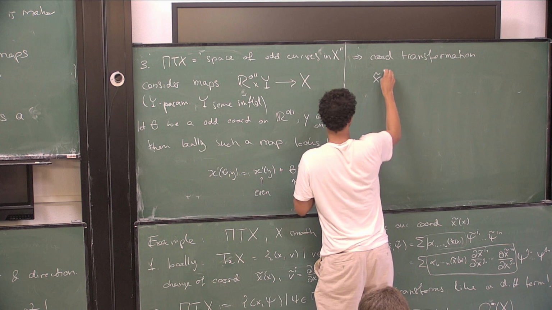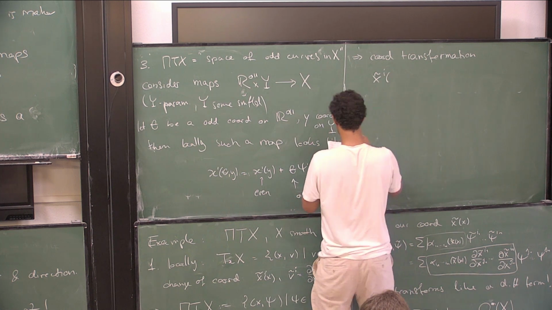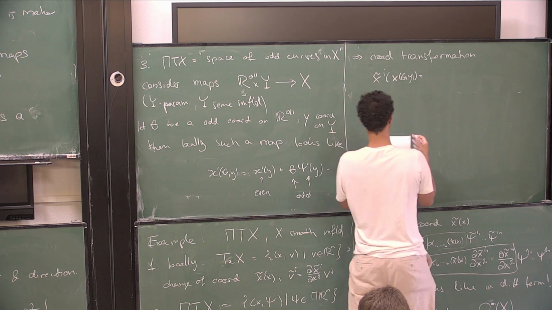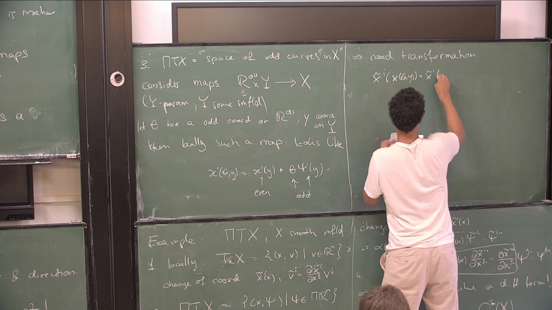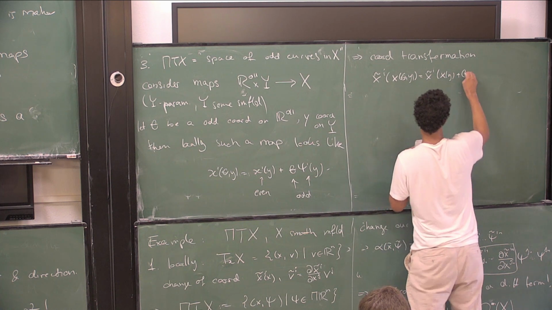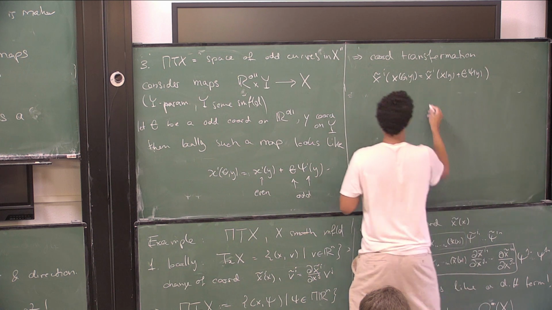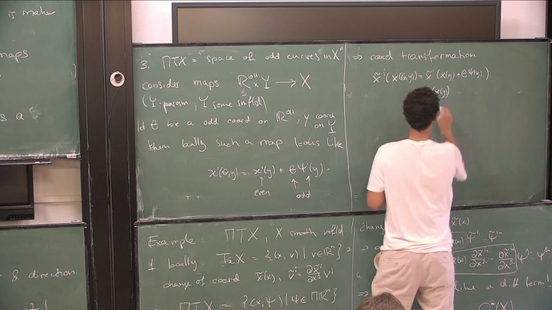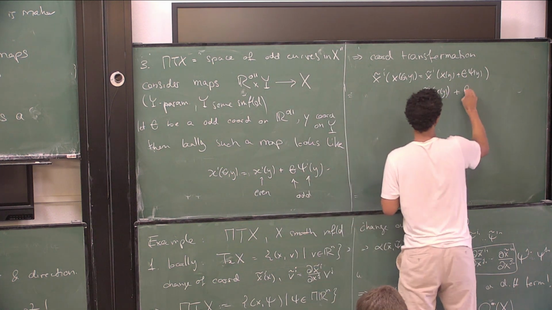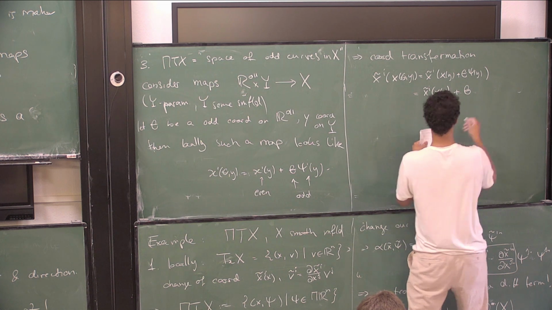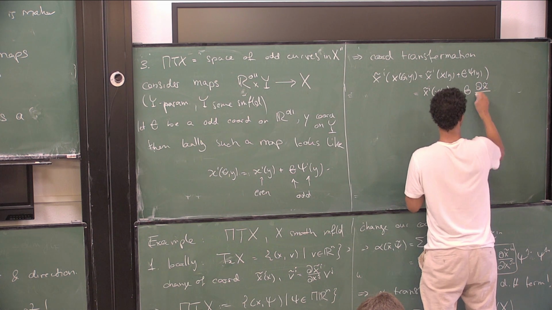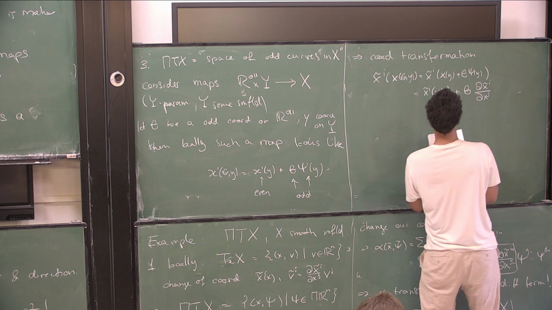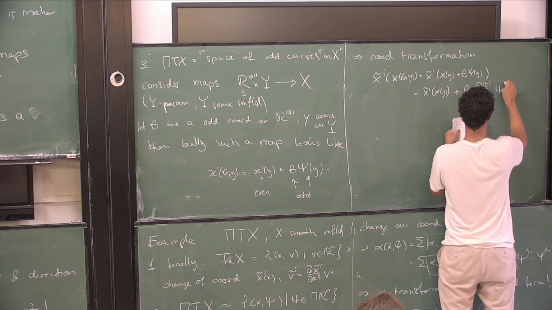Let x tilde^i of a coordinate, which is now a map of theta and y, be x tilde^i of x(y) plus theta psi(y). By Taylor expansion, by definition, this is x tilde^i, and then you would have theta times the derivative of x tilde^i with respect to x^j, times psi^j.